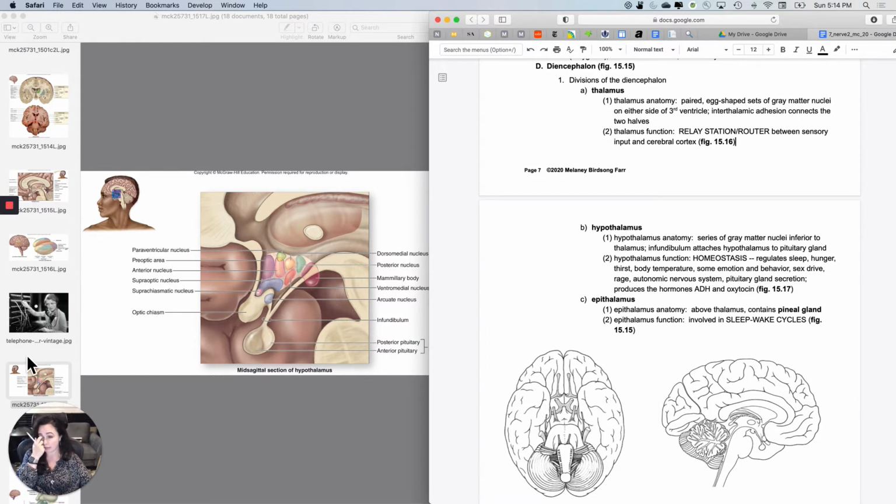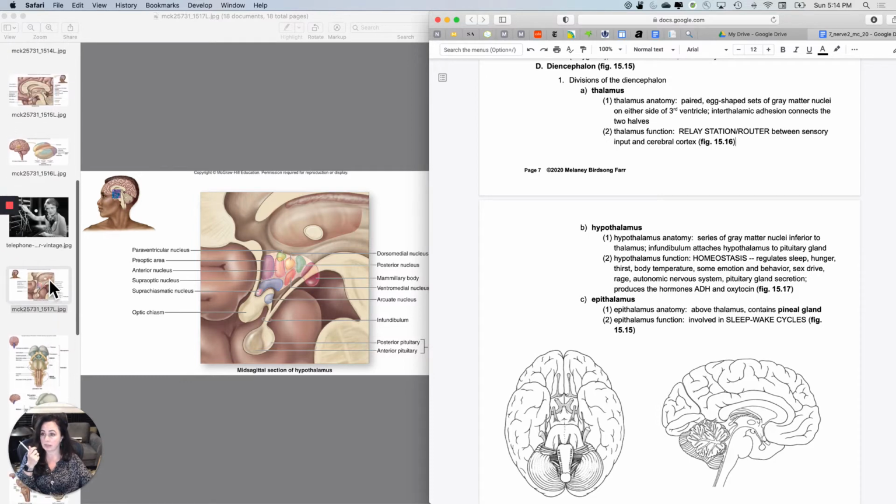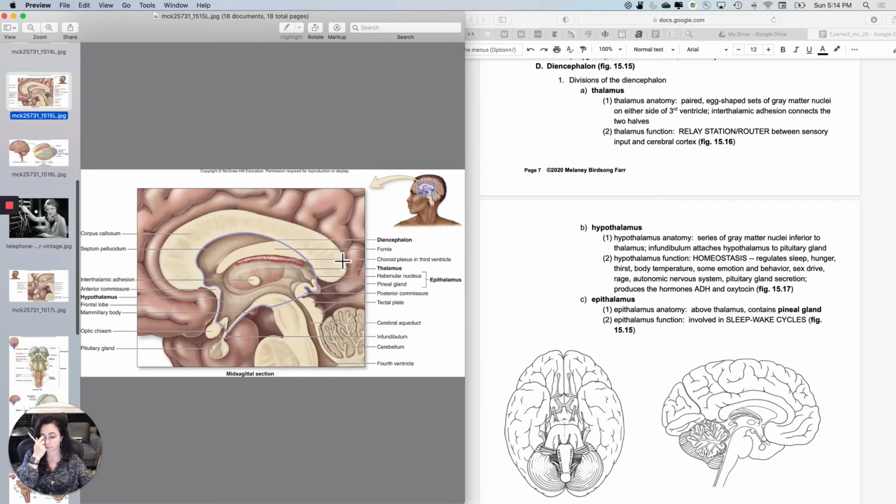And then the last part of the diencephalon is just this little part back here. That's called the epithalamus on the thalamus. And it's kind of above or beside the hypothalamus, beside the thalamus.